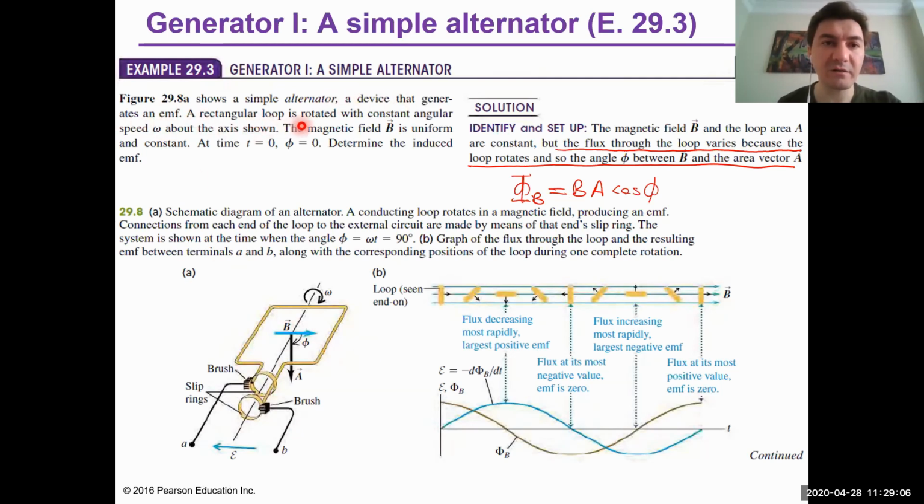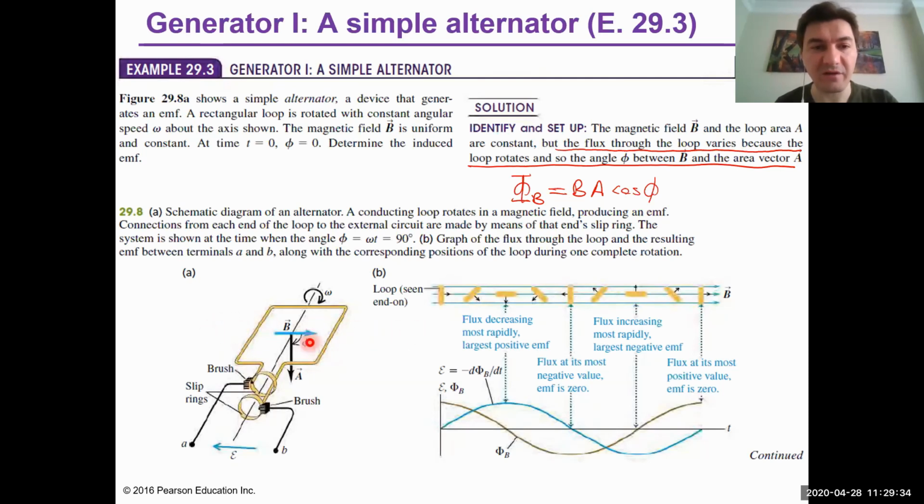A rectangular loop is rotated with constant angular speed about the axis shown. So here we have a rectangular loop, you see, rectangular loop. And here we have a brush touching the slip ring here. We have another brush touching the slip ring here. And we have a circuit like this.